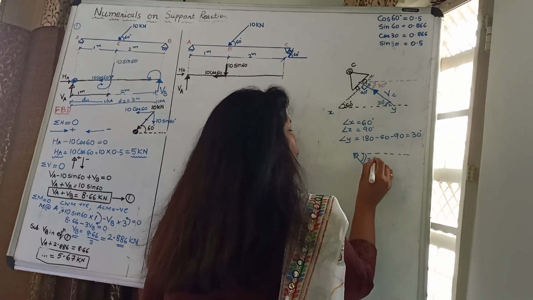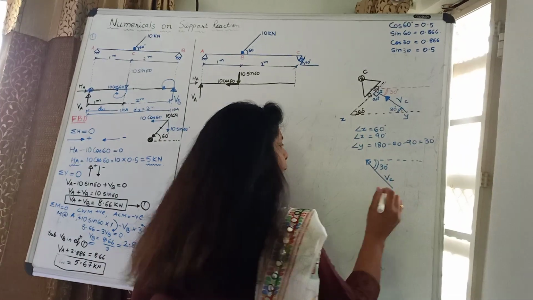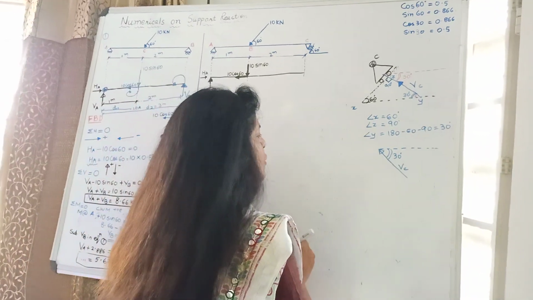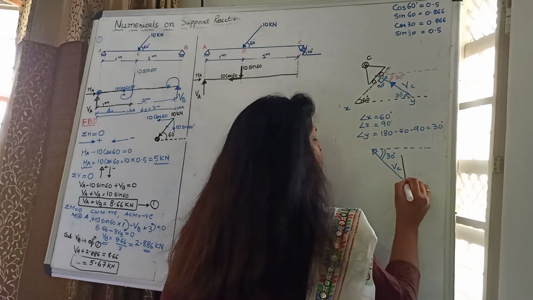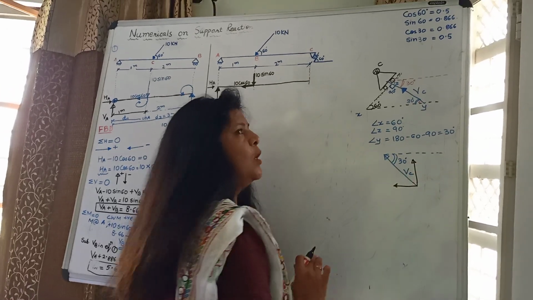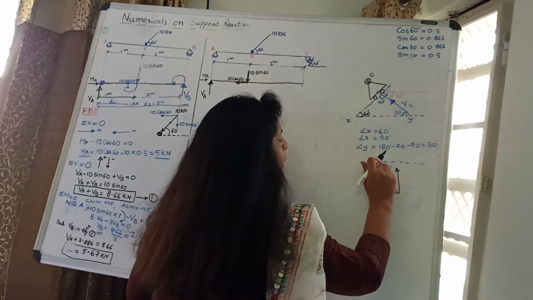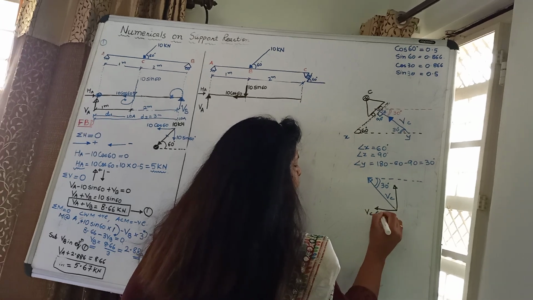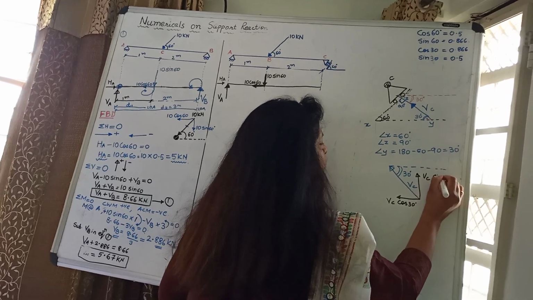Now can I resolve it into two components? Yes, a vertical component and a horizontal component. As the force is inwards, the component is also inward. It forms an angle of 30 degrees with the horizontal, so the horizontal component will be cos. So this will be VC cos 30 and this will be VC sin 30.